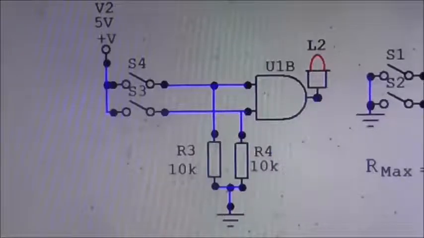There's a cut-off voltage of about 0.8 volts, and under that it will definitely be low. There's also a voltage of about 2 volts, and over that it will definitely be high. But between 0.8 and 2 volts there is a kind of no man's land.